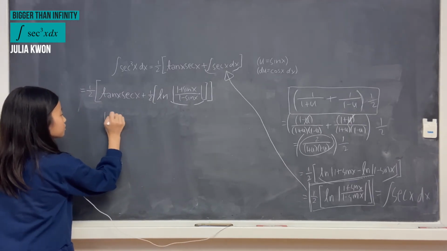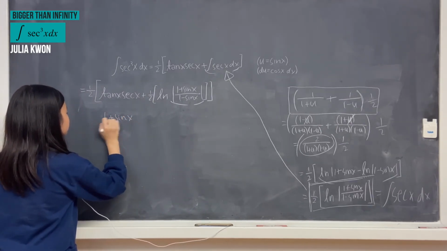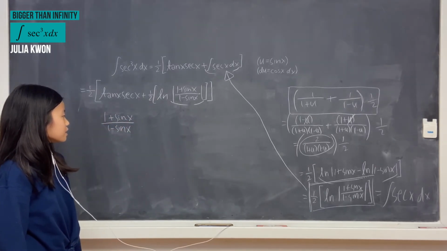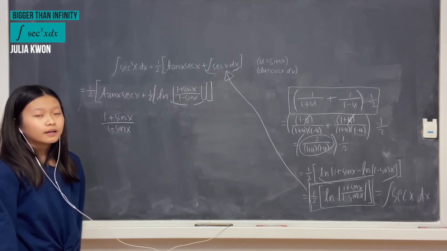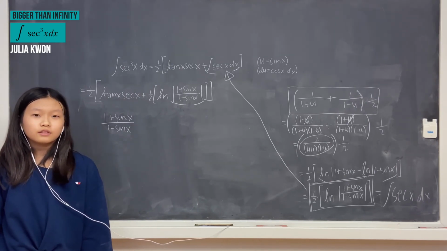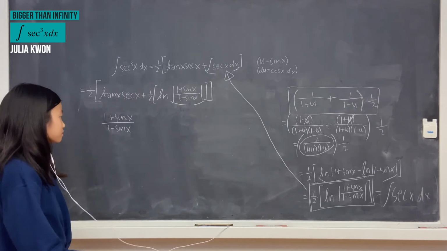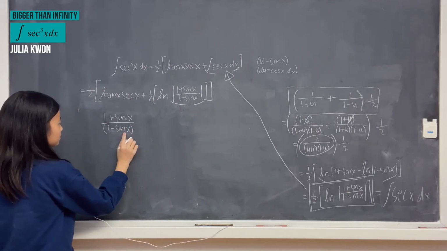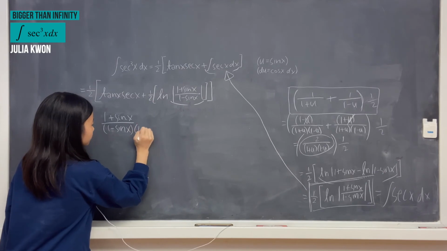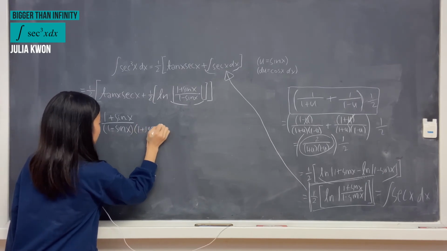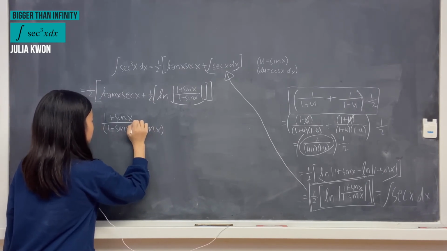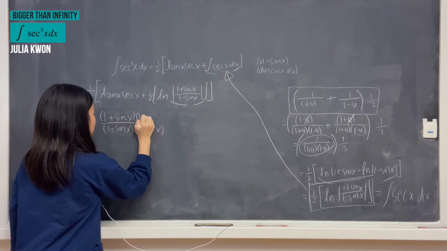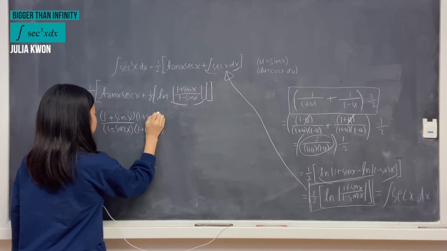So 1 plus sine x over 1 minus sine x. The first step we'll do is multiplying the conjugate of the denominator on the top and bottom. So the conjugate of the denominator is 1 plus sine x. We'll also have to multiply it on the top as well, so we don't actually change the value of the fraction.